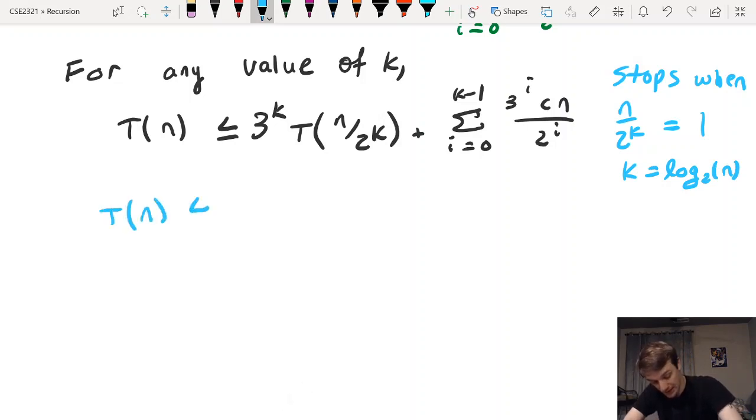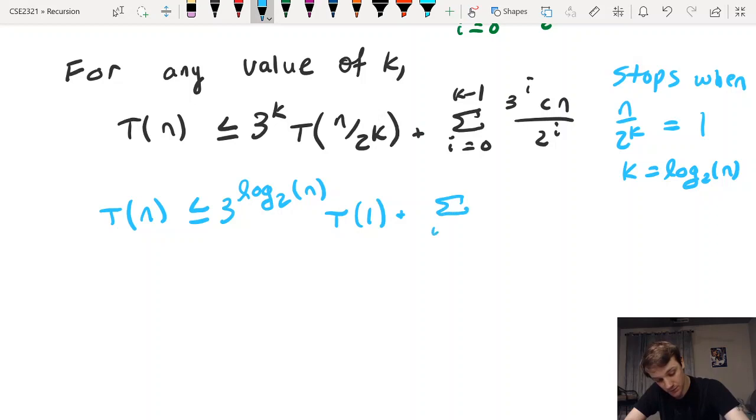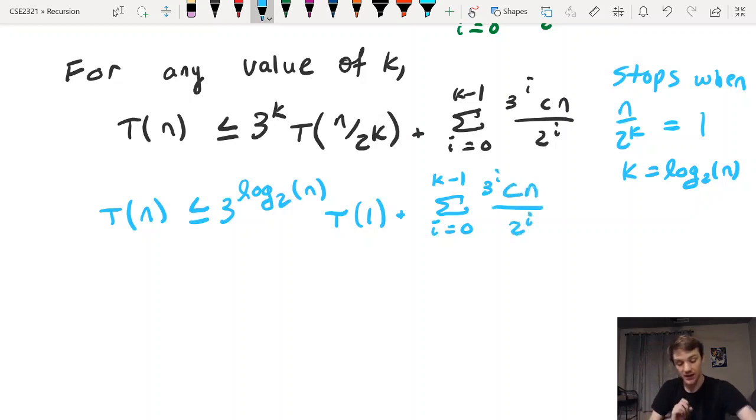T of n is less than or equal to 3 to the log base 2 of n times T of n over 2 to the k, which is 1, plus the sum from i equals 0 to k minus 1 of 3 to the i times cn all over 2 to the i.